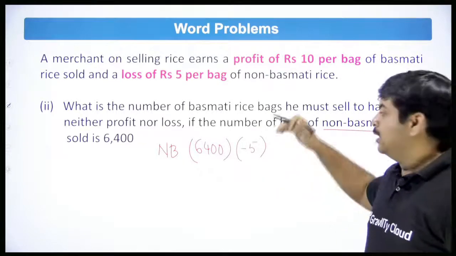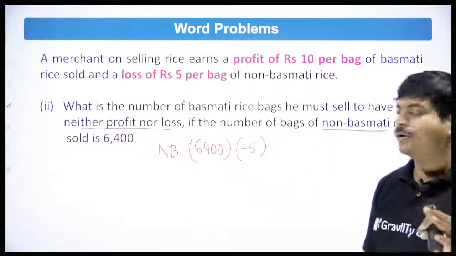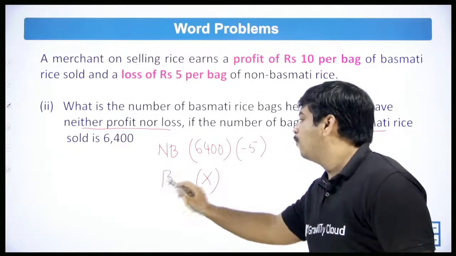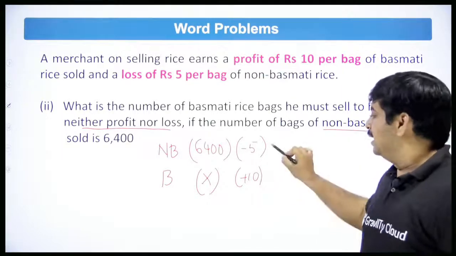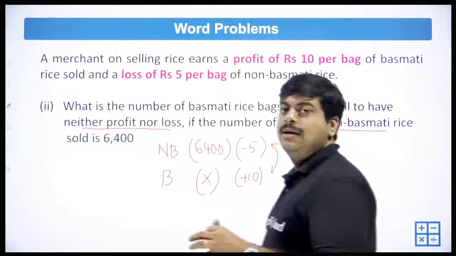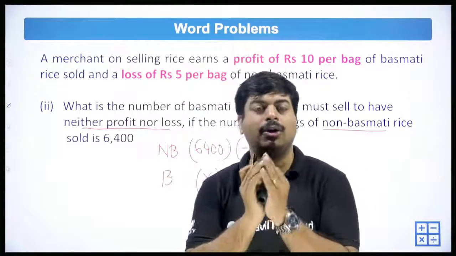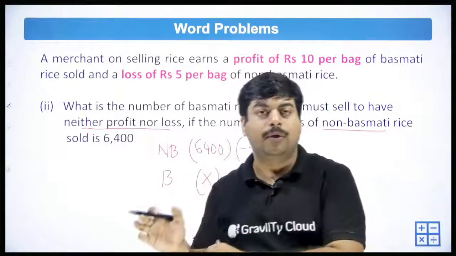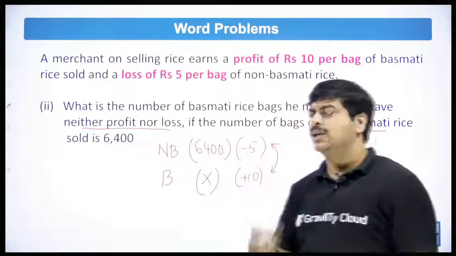But to balance this with neither profit nor loss, you'd have X number of basmati bags with plus 10 as a profit. So these two should be equal in terms of numbers. That means you should not have any positive or any negative. Then you can say that you are having 0 rupees profit or 0 rupees loss, neither in a state of profit nor in a state of loss. Right? A beautiful application. So please try to do it yourself.